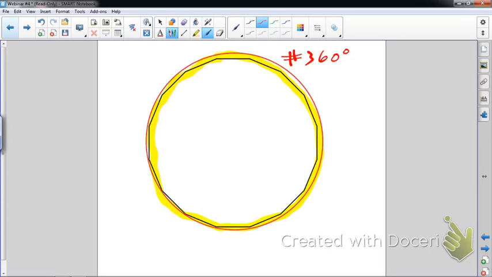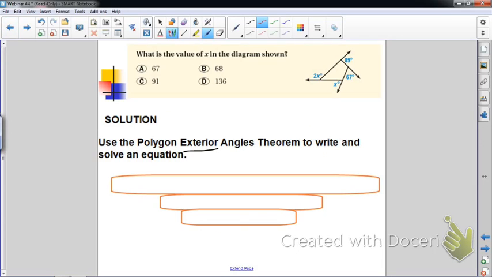So we're going to take that same idea and look at what we have here. This is a polygon. It's a 1, 2, 3, 4, a 4-sided polygon, and what we want to know is the exterior angles of this polygon. So what are we going to do? Remember what we just said, the total of the exterior angles, or just degrees itself, is going to be 360 degrees.